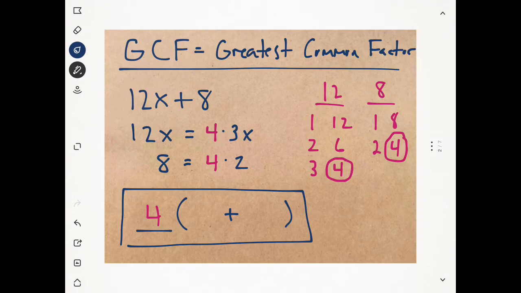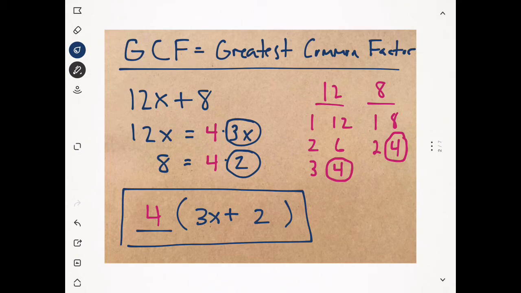In the first spot, I'm going to write everything that's left from 12x, so that would be the 3x. And then in the second spot, I'm going to write everything that's left from 8, and that would be the 2.